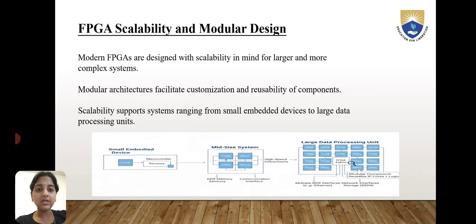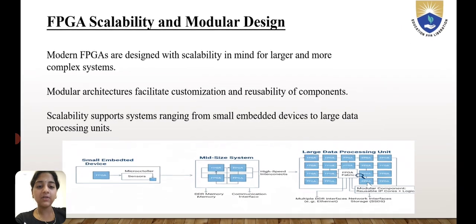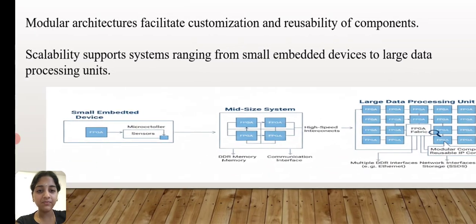FPGA scalability and modular design. Modern FPGAs are designed with scalability in mind for larger and more complex systems. Modular architecture facilitates customization and reusability of components. Scalability supports systems ranging from small embedded devices to large data processing units. Here we can see the FPGA scalability.